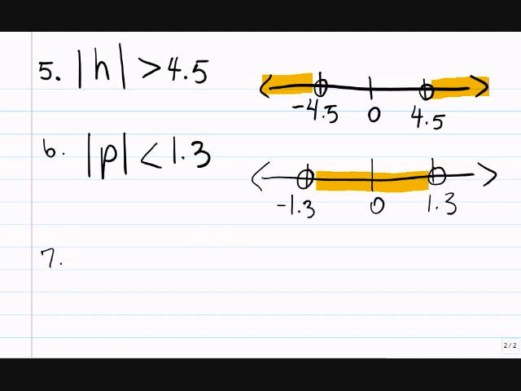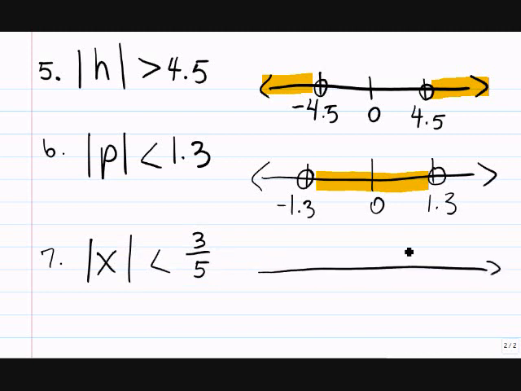Number 7, less than 3/5. What numbers need to go on the graph? -3/5. +3/5.